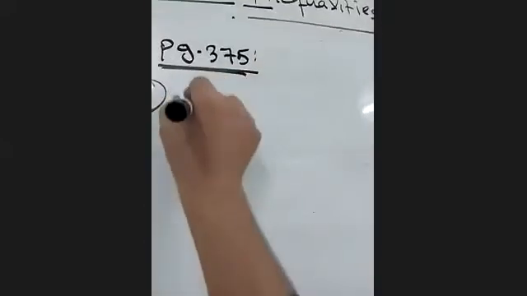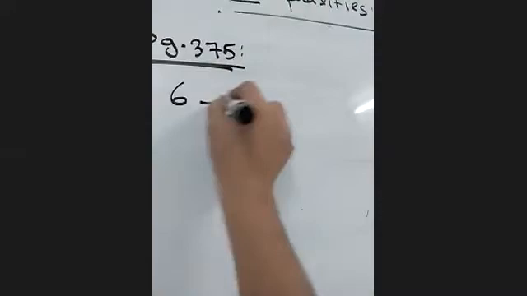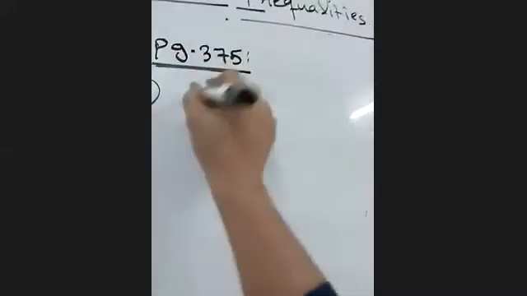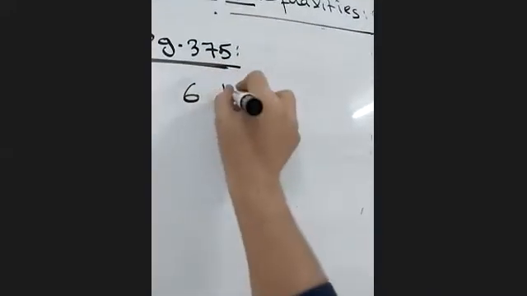Jenny exercised 6 days this week. She averaged burning 284.5 calories each day. Wait, how many days did she exercise? 6 days. She exercised for 6 days, right? Yes.